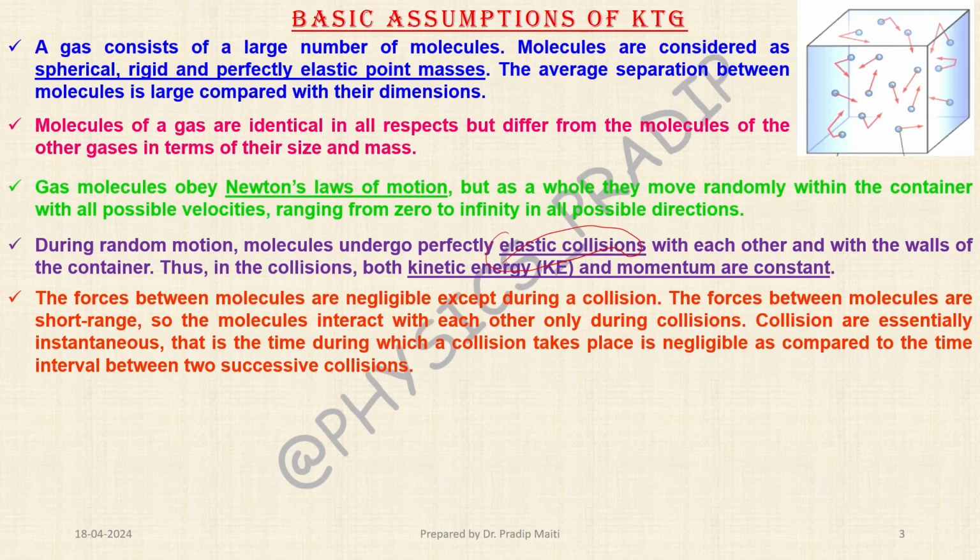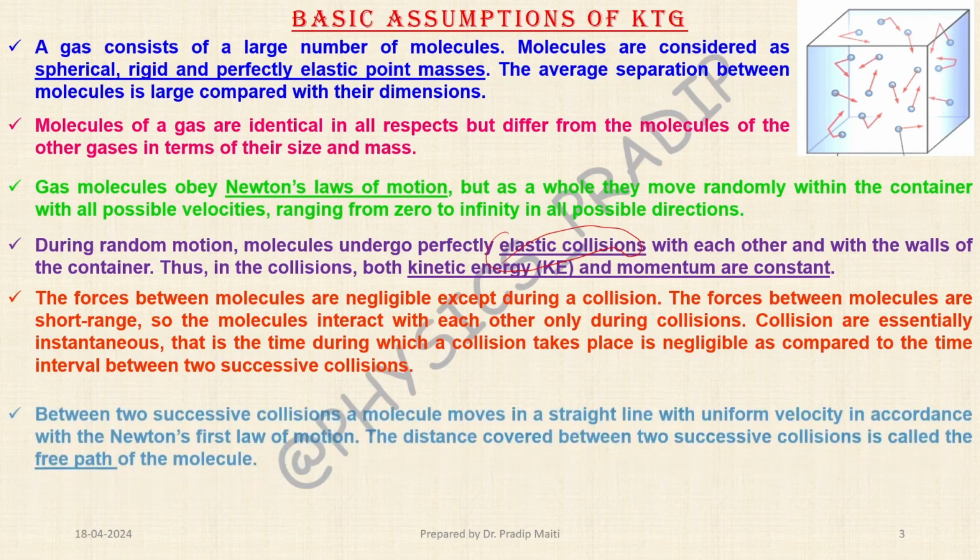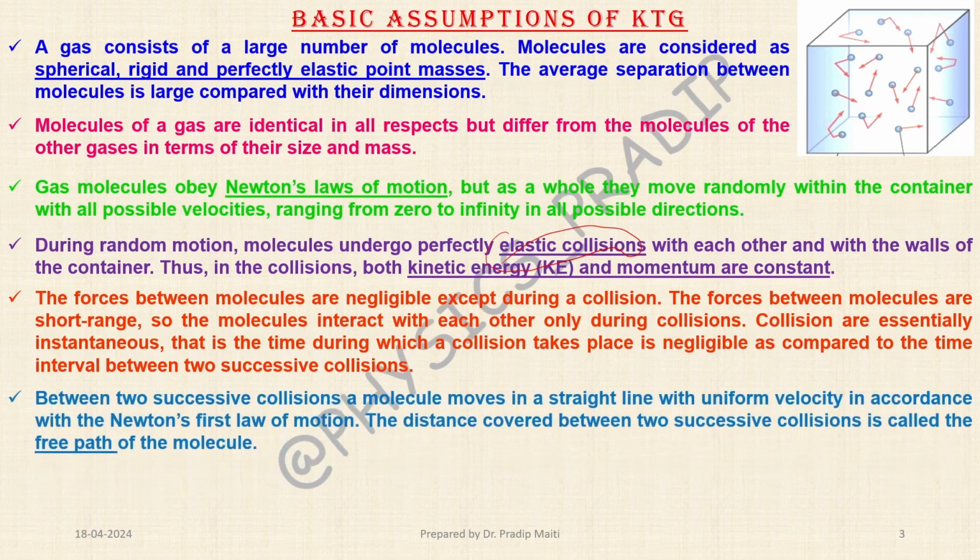Collisions are essentially instantaneous, that is, the time during which a collision takes place is negligible as compared to the time interval between two successive collisions. Also, between two successive collisions, a molecule moves in a straight line with uniform velocity in accordance with Newton's first law of motion.